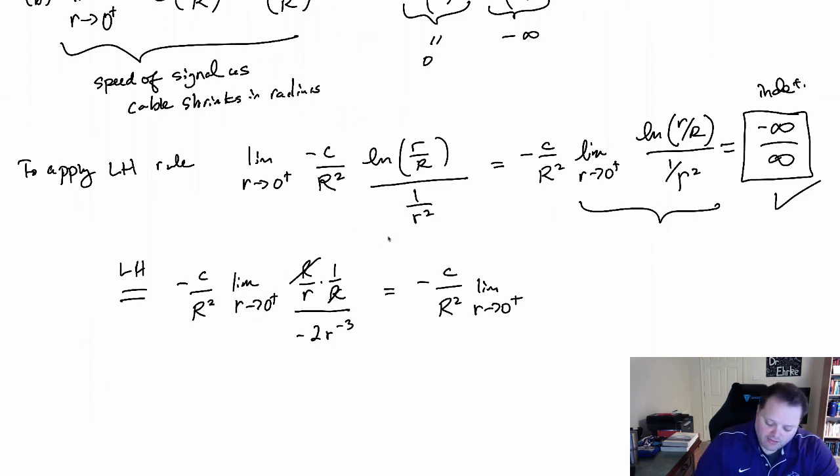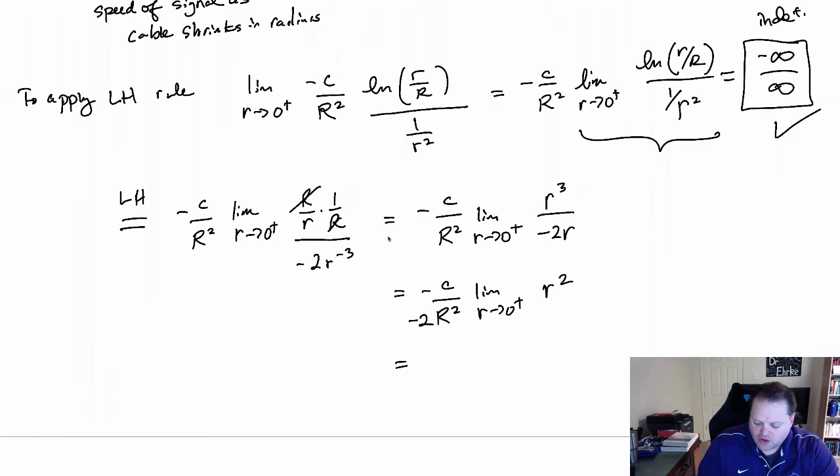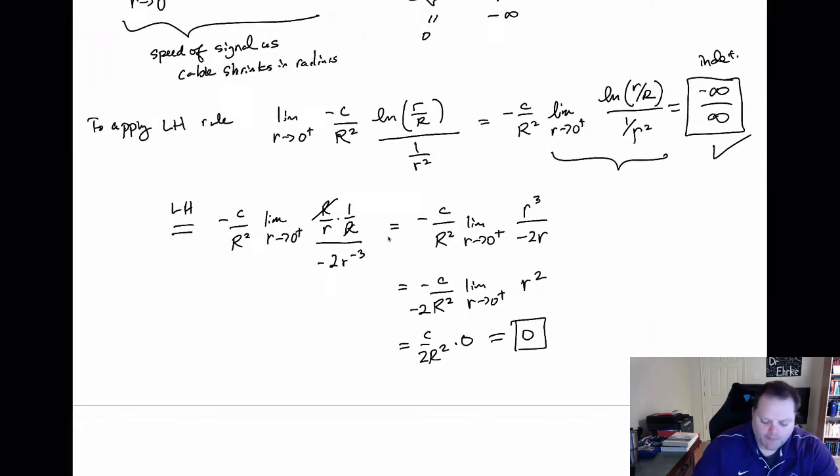So you're going to have r cubed on top, and then you're going to have negative 2r in the bottom. That simplifies into, I'll bring the negative 2 out. R cubed over r is just r squared. So if you take that limit as r goes to 0, that's just going to be 0. So this limit is 0.